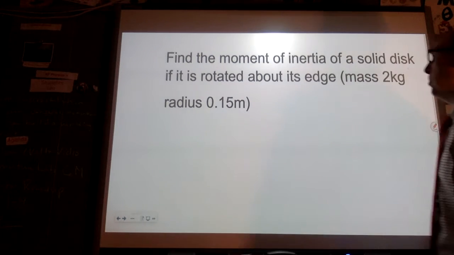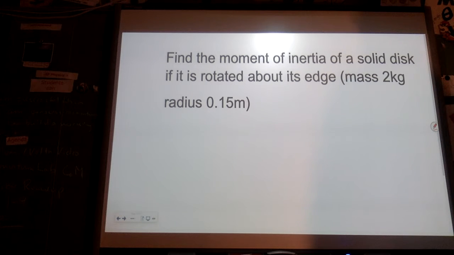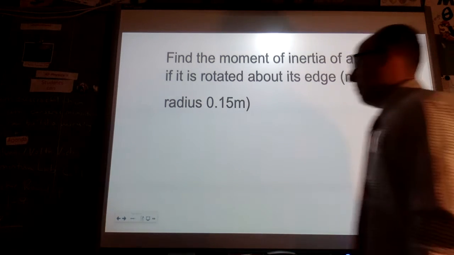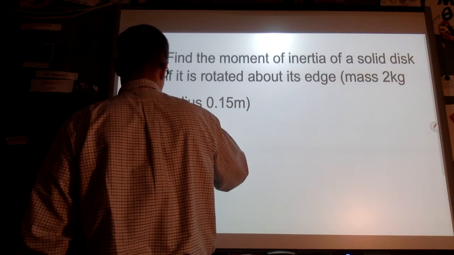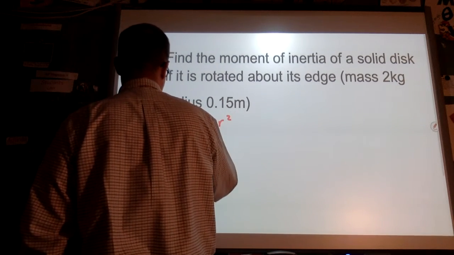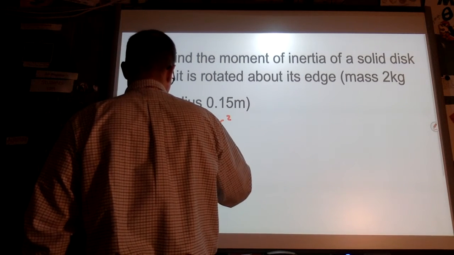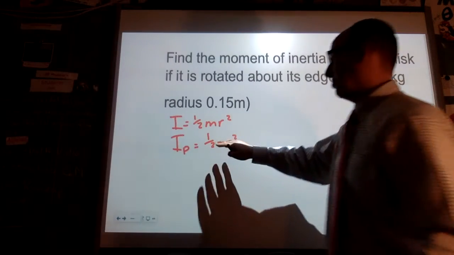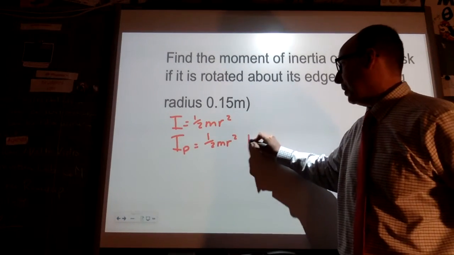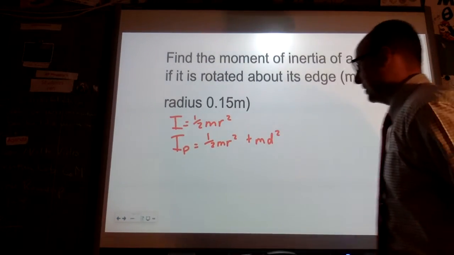All right, so find a moment of inertia of a solid disk if it's rotated about its edge. Again, a disk, I know, has a moment of inertia of 1/2 mr squared. So the parallel axis theorem tells me that it's going to be equal to this original moment of inertia plus this md squared.